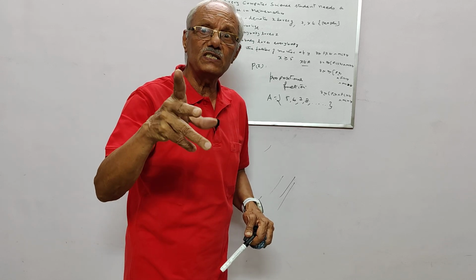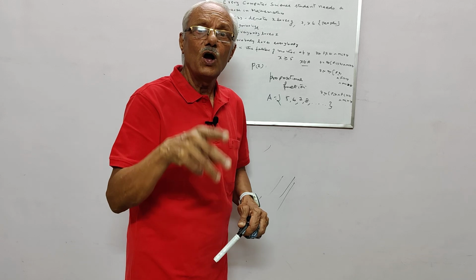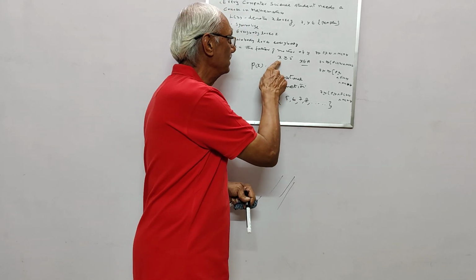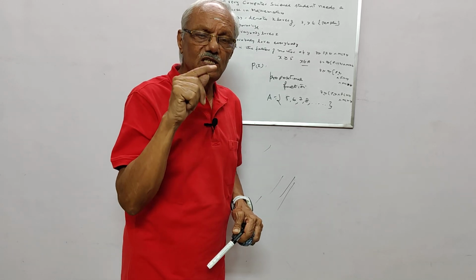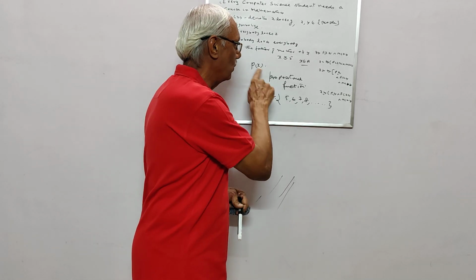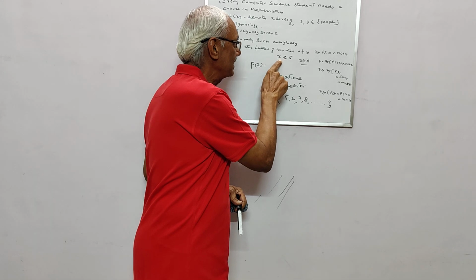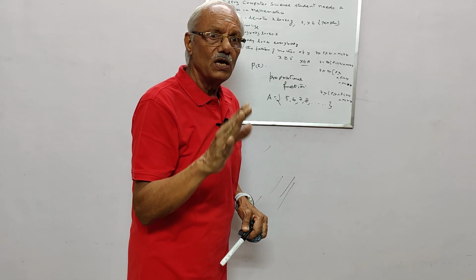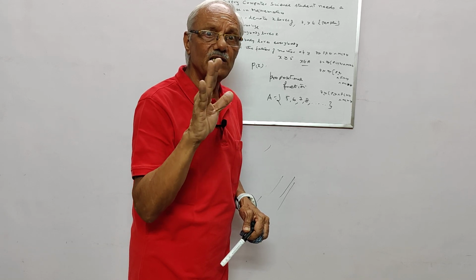A propositional function has become a proposition on assigning value to the variable. X is a variable. So you see that x greater than or equal to 5 is not a proposition unless and until x is defined.